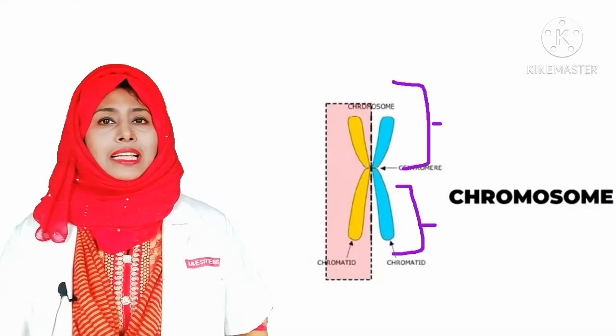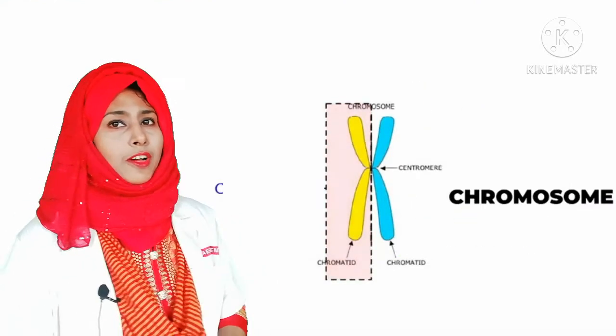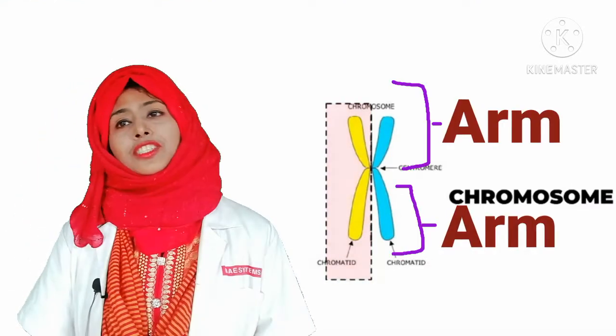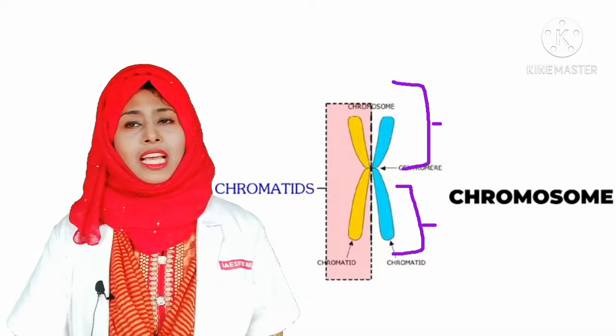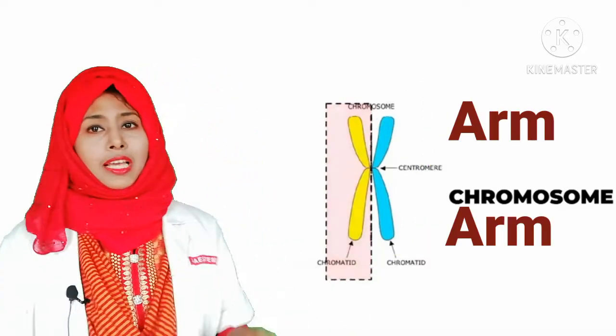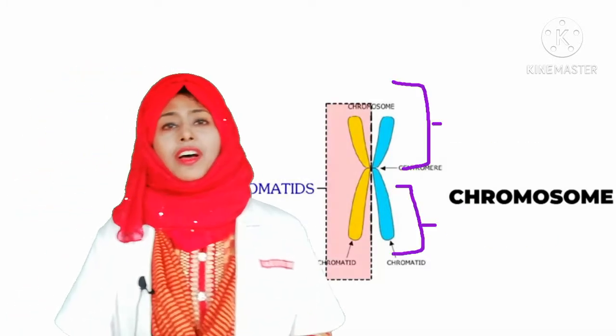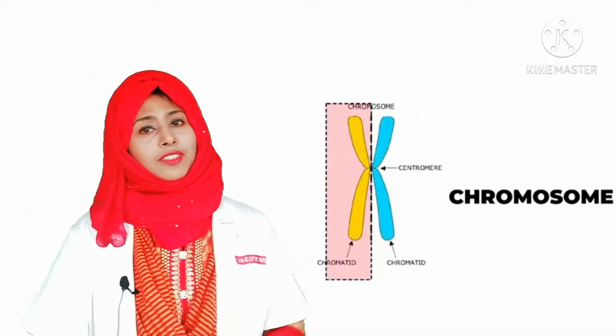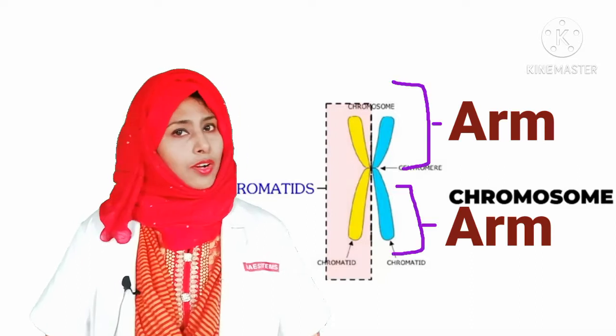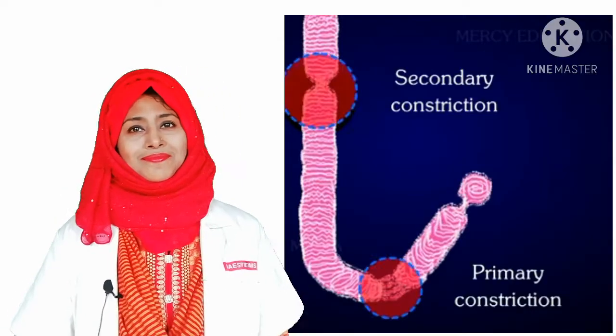Arm. The part of the chromosome from centromere to the end is known as arm. Generally, a chromosome has two arms. According to the position of the centromere, the two arms of the chromosome may be equal or unequal.